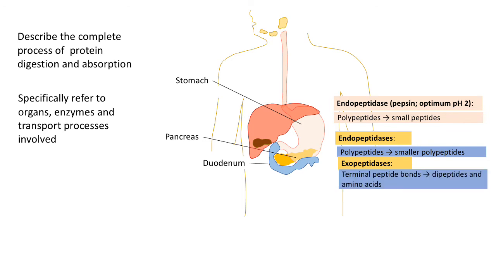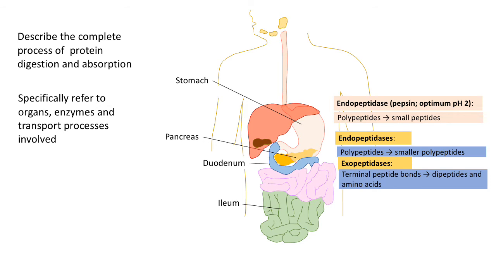And exopeptidases work on those terminal peptide bonds to hydrolyze those terminal peptide bonds to produce dipeptides and amino acids. So then contractions of the small intestine move those products along, those amino acids and dipeptides, and they reach the ileum. And that's where absorption occurs.